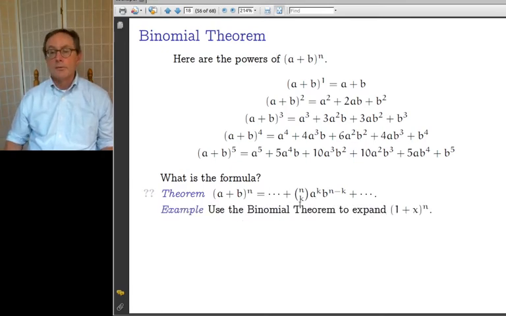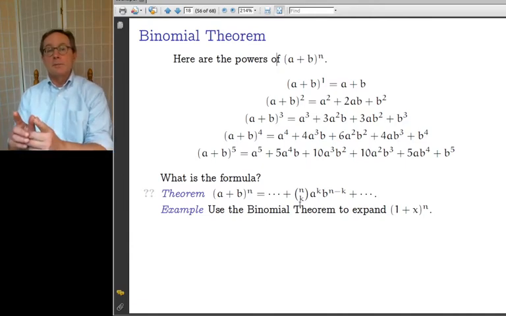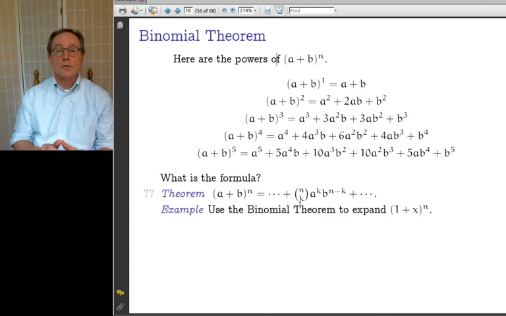Of course, we need a proof for that, but the basic idea is that you just simply want to ask yourself, how many a's, how many b's? If I write out the terms, a plus b, a plus b, a plus b, a plus b, that's a plus b to the fourth, and I ask myself, how do I get an a cubed b to the 1?